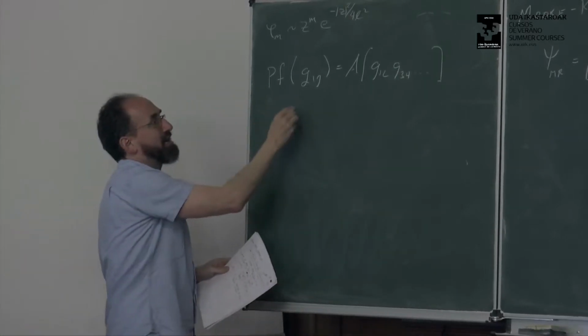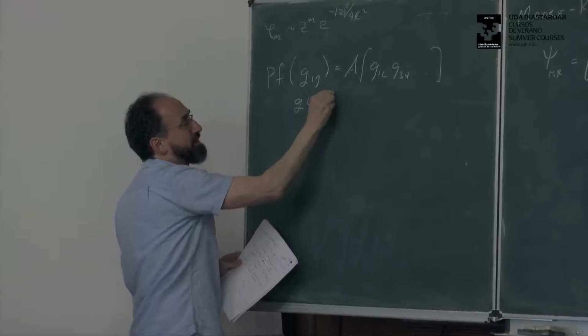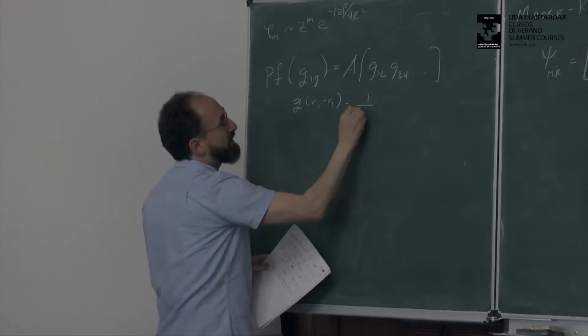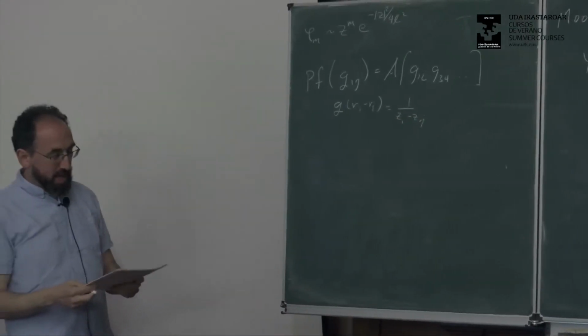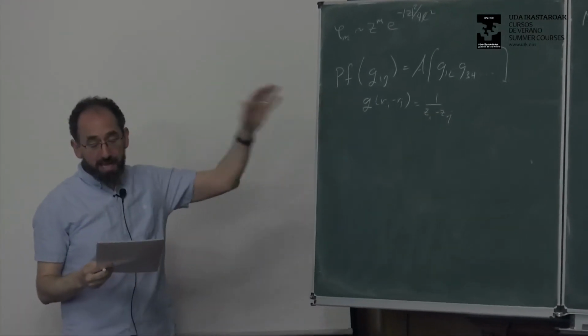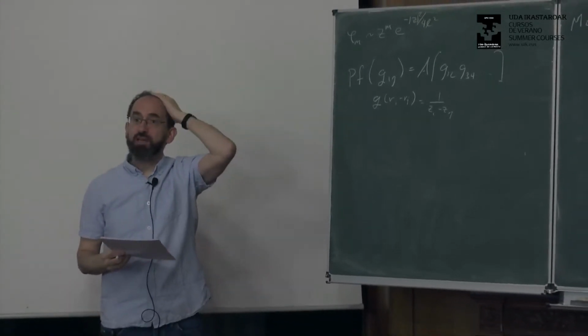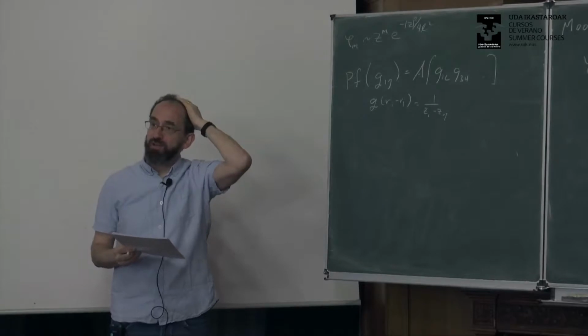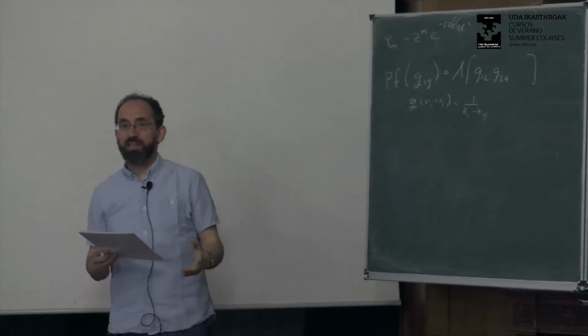So Gij here is G of Ri minus Rj, which is 1 over Zi minus Zj. And this Pfaffian is actually the BCS wave function for a spinless superconductor for a fixed number of particles. Now, we never work with a fixed number of particles when we do BCS theory, and there's a reason why we don't, because it's more complicated.